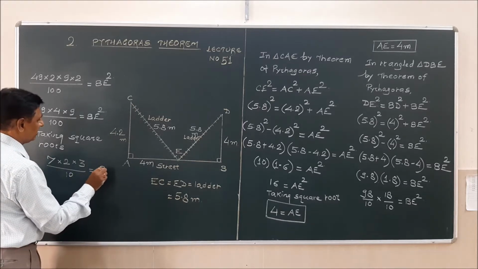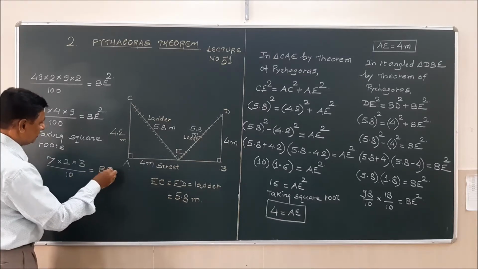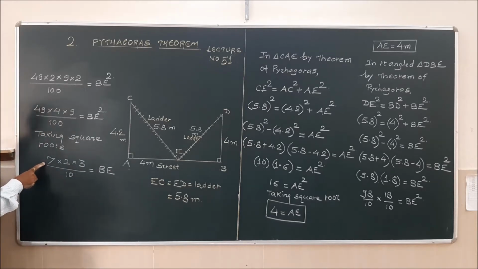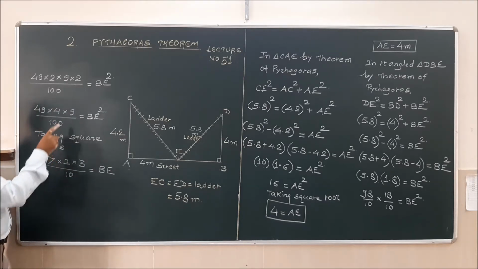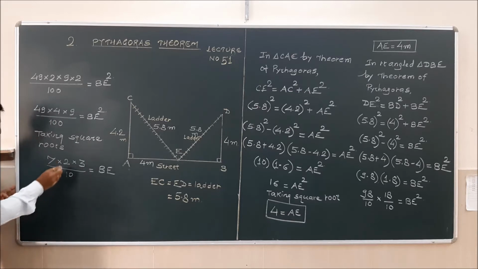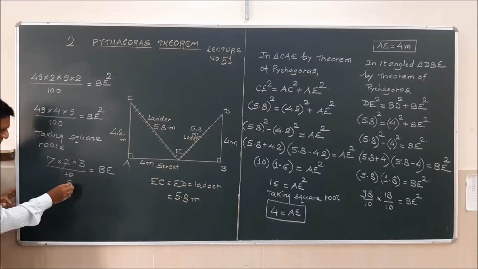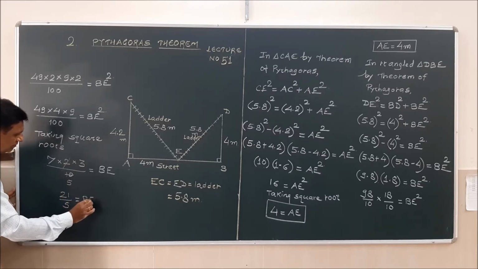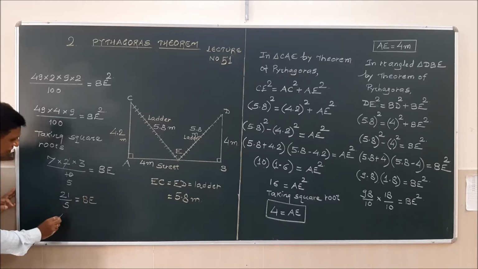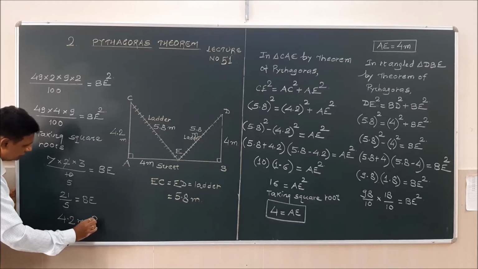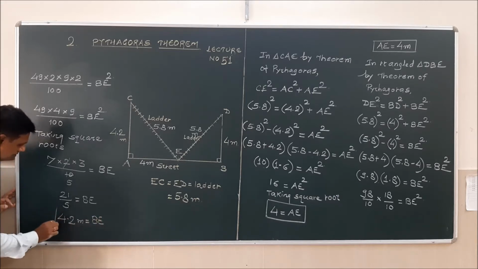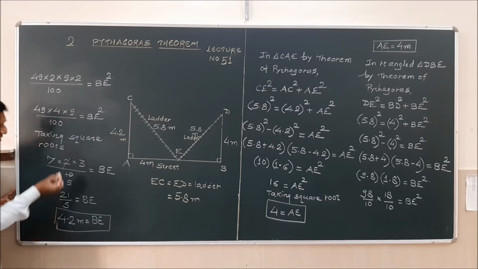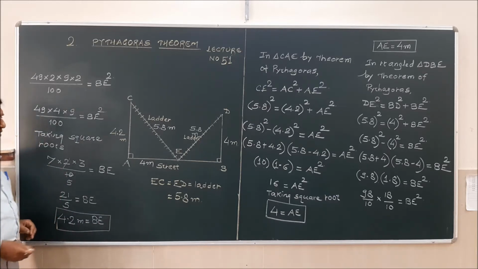That is equal to BE. 49 square root is 7, 4 is 2, 9 is 3. 2 fives are 10, and 7 threes are 21 upon 5. So 5 fours are 20. So this is all. BE is equal to 4.2 meter.